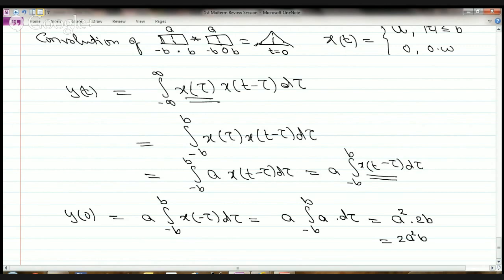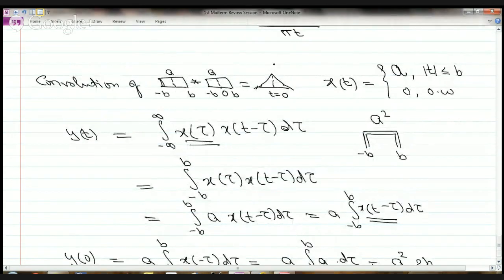So the area gets multiplied, and then you just are looking at the area. Because when you have tau equal to 0, you just have two boxes sitting on top of each other. So the height becomes a squared, going from minus b to b. So that is the height of this triangle, 2a squared b. Okay.